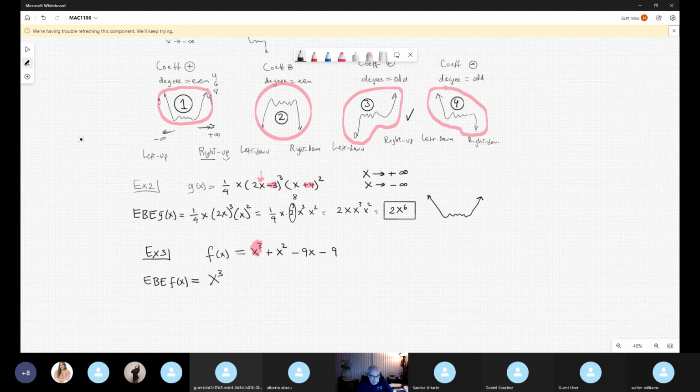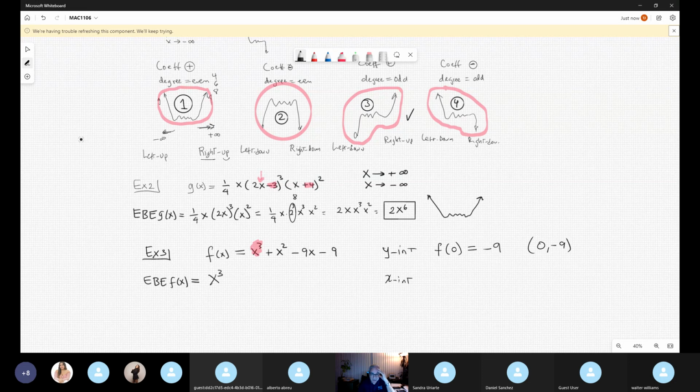Okay, I understand, but I don't understand very well the utilization of this. What's the utilization of this? Let me try to complete the idea. For any graph, you need to find, for example, the famous y-intercept and the x-intercept. Let's do it. Y-intercept is easy. It's to evaluate at 0. When you evaluate at 0, the answer is minus 9, and the point is (0, negative 9).